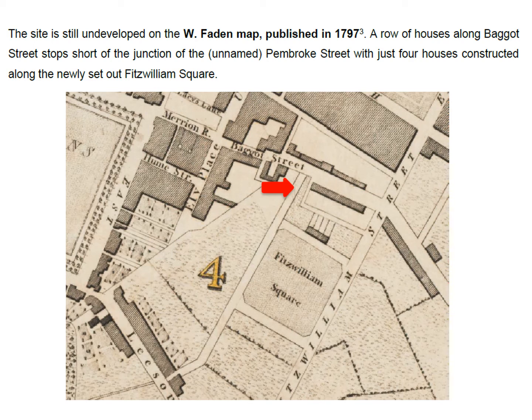I looked at the different maps from that point. So you see here, 1797, the streets have been laid out, but this is still countryside. Only 4 houses had been built on Fitzwilliam Square at that point, and nothing then between Baggot Street and Fitzwilliam Square. Pembroke Street doesn't have a name yet at this point.